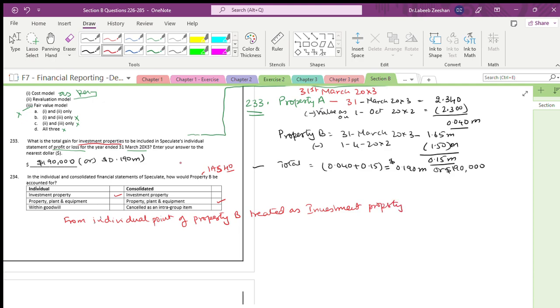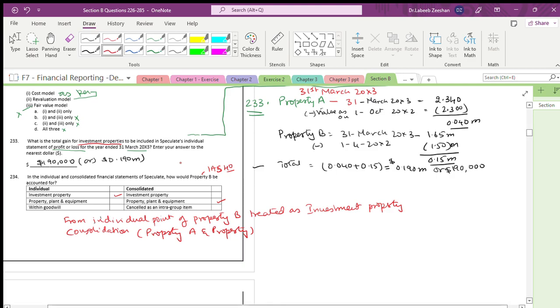But when we are talking about consolidation, of property A and property B in the financial statements, then it has to be treated as IAS 16.